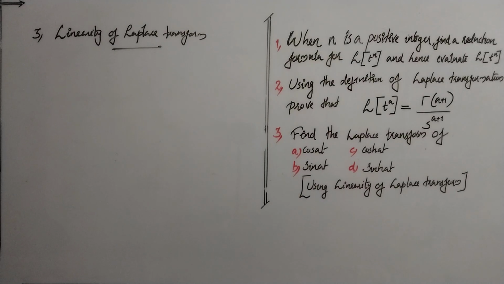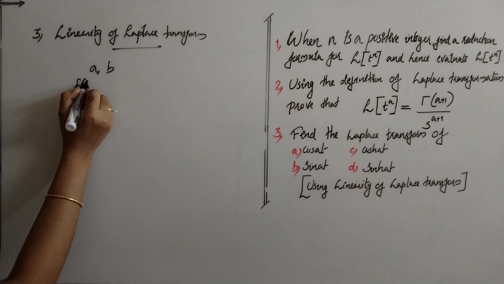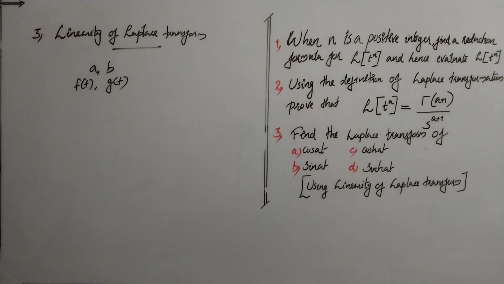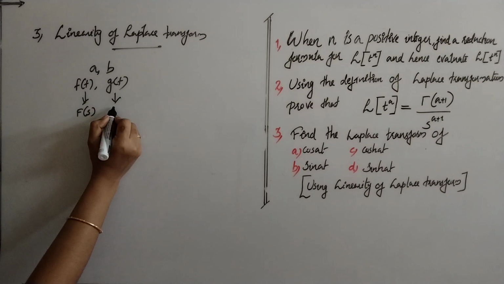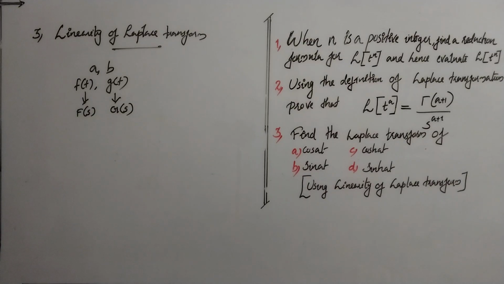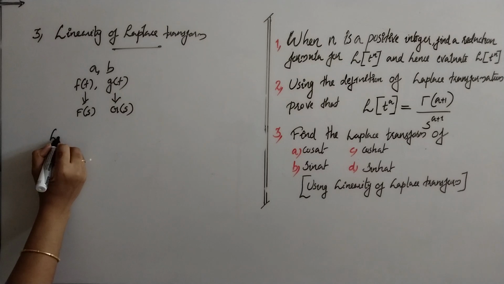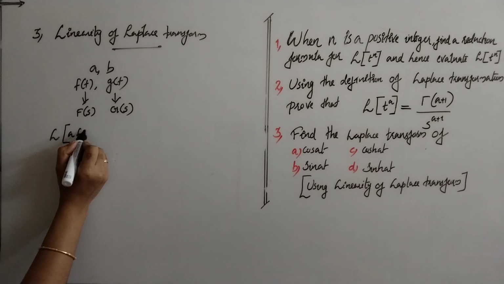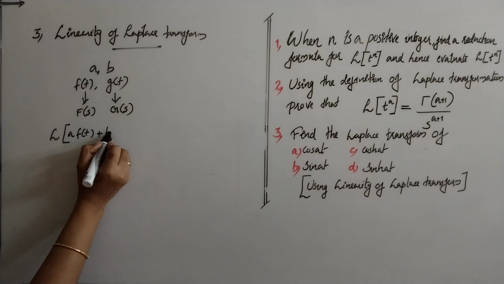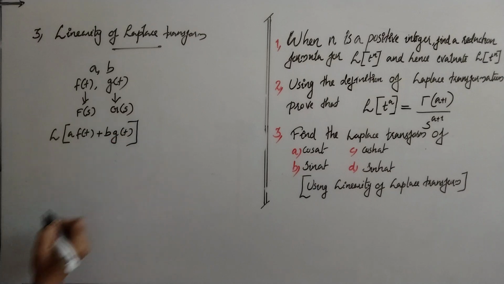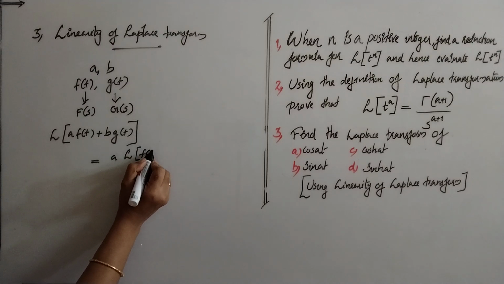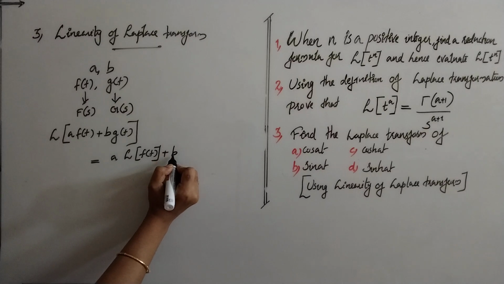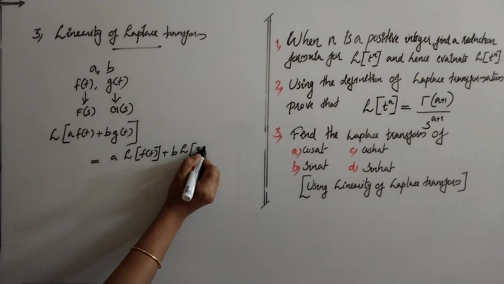If a and b are two constants, and f of t and g of t are functions with the Laplace transforms F of s and G of s, then the Laplace transform of a into f of t plus b into g of t is equal to a into the Laplace transform of f of t plus b into the Laplace transform of g of t.